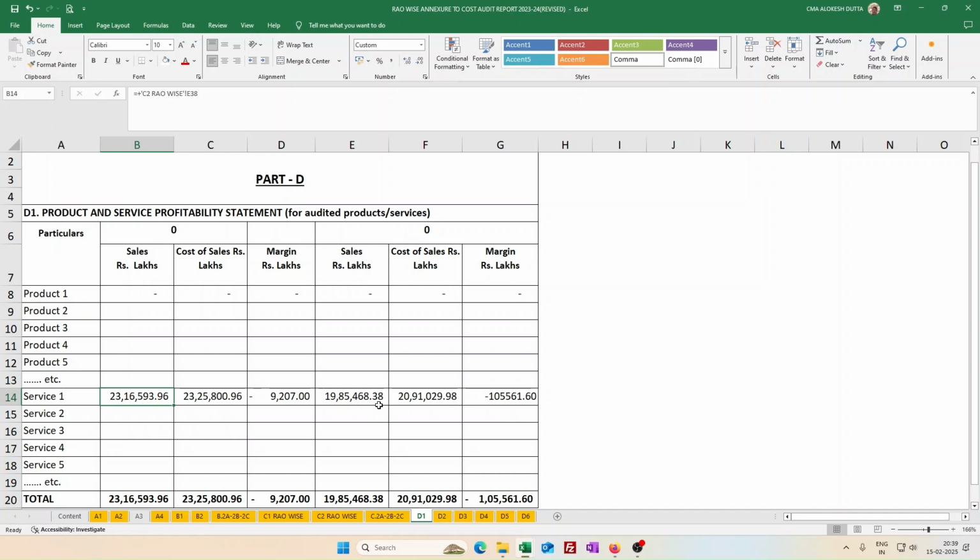The format has been designed, the entire cost accounting record keeping system has been designed by myself when I was in Coal India in the year 2012, when nobody knew how to implement the cost audit and cost records in the coal industry.